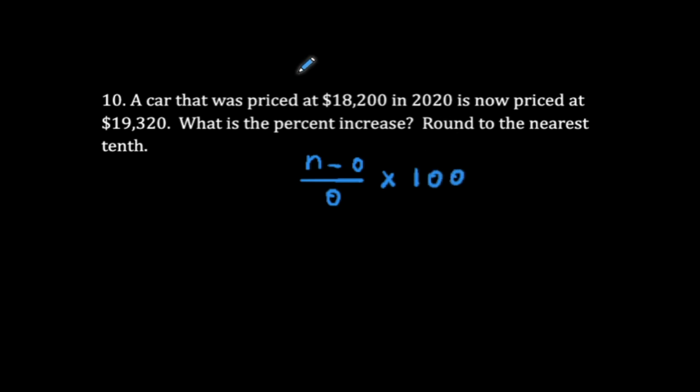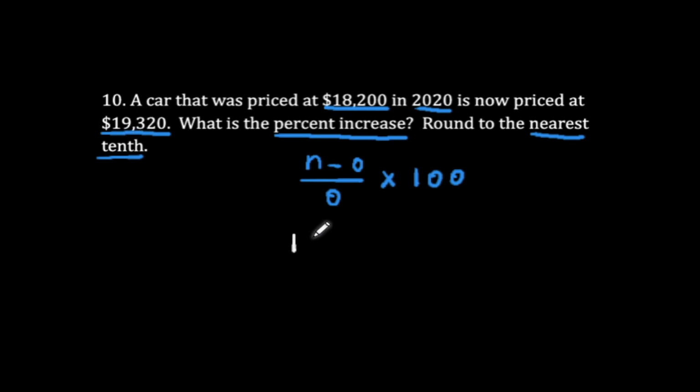Okay, so let's see what we have here. So we see that a car was priced at $18,200 in the year 2020, but it's now priced at $19,320, and we're looking for the percent increase, and we have to round to the nearest tenth. Okay, so let's fill in what we do know. So here we see that the new amount, that means what it is presently, is $19,320.